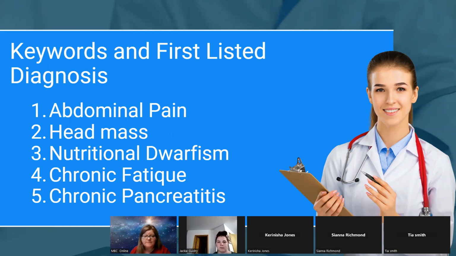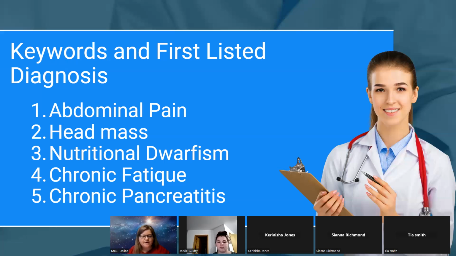You will get claims that will come back if you use a code that cannot be listed as a first diagnosis, and there are some that cannot. And there are some that can only be used as a first listed diagnosis during certain circumstances. So you got to read and you got to pay attention to that stuff.